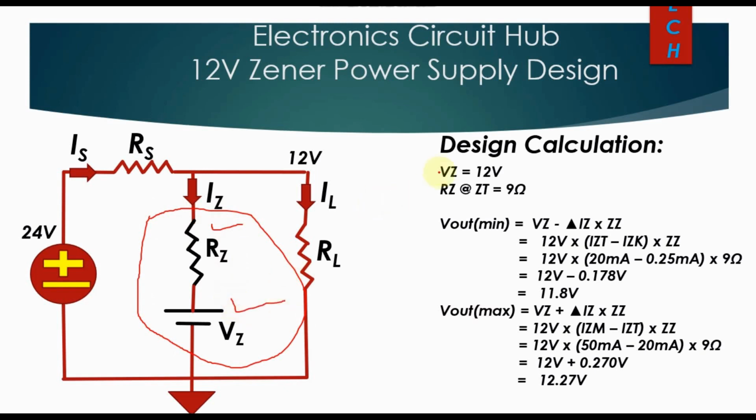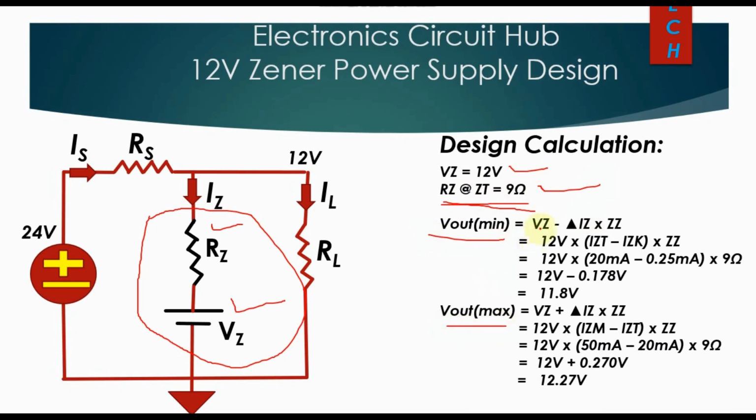So Vz equals 12 volt, you already know this parameter, specified in the data sheet. At test current Izt, the value of Rz equals 9 ohm for the diode I have chosen. Now I want to calculate V minimum and V maximum.